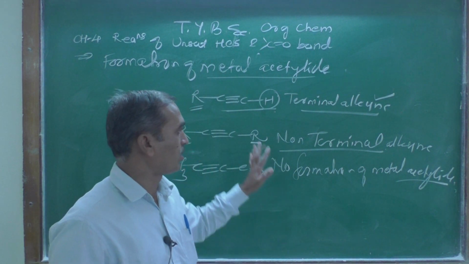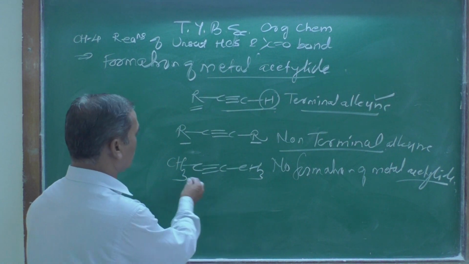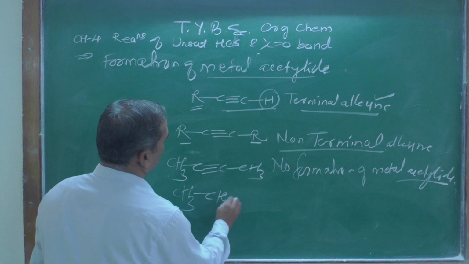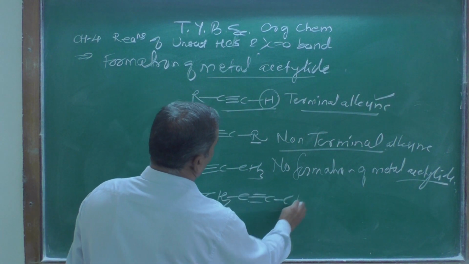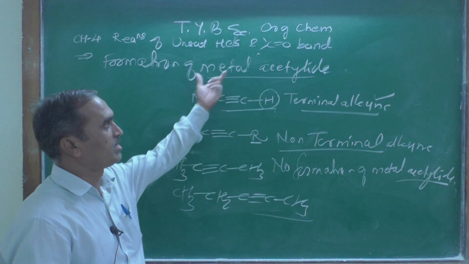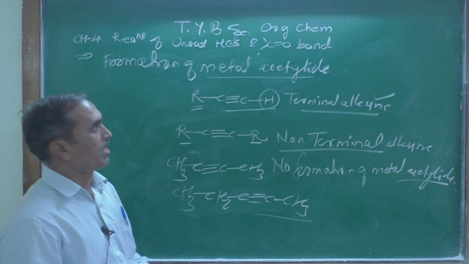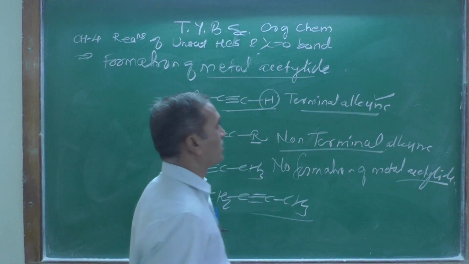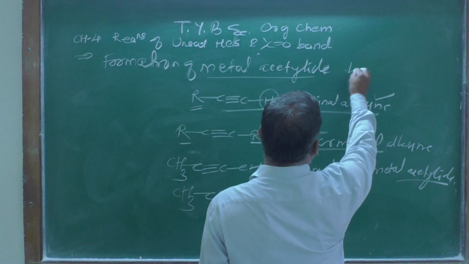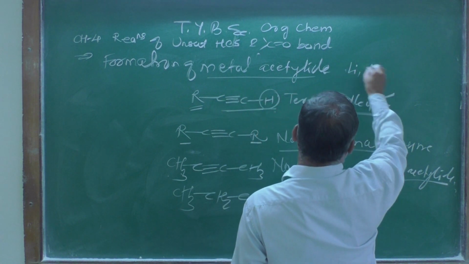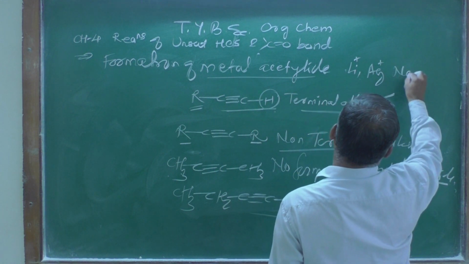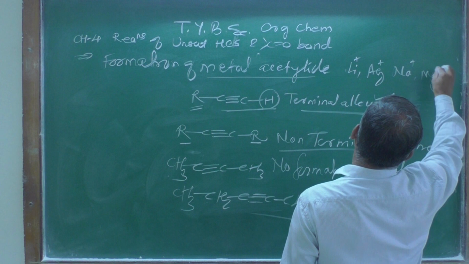For example, 2-butyne, or we can write CH3 CH2 C triple bond C CH3, is also non-terminal, and therefore it will not form the metal acetylide. The metals we generally use here are lithium, Li plus, Ag plus, Na plus or Mg2 plus.